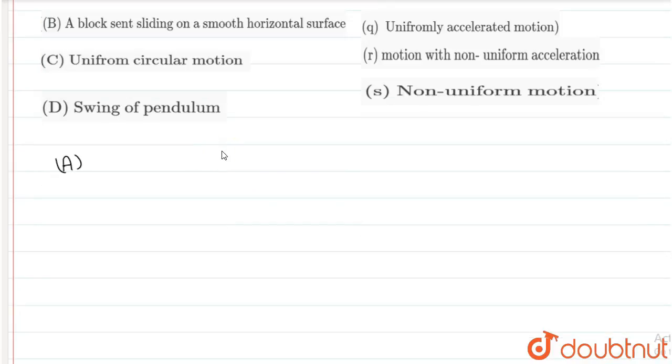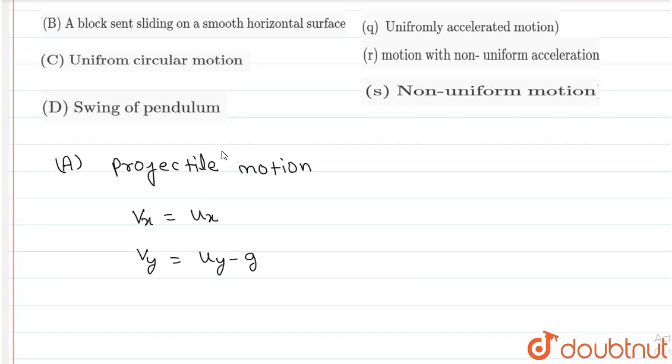First, we will discuss projectile motion. In projectile motion, the horizontal component of velocity is constant, which is always equal to ux, and vertical component of velocity is equal to uy minus gt.